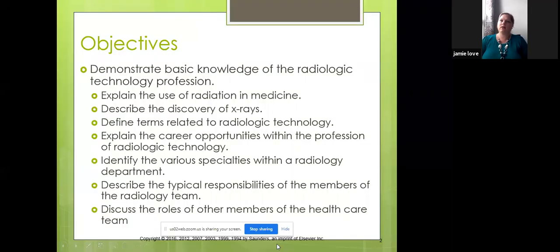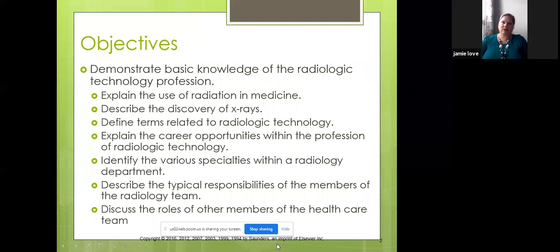So we want to use this as a study guide for your quiz and exam: explaining the use and discovery of x-rays, terms that we would use in radiologic technology, the career opportunities that you're going to have, specialties in the department, some areas you could specialize in, responsibilities of the team, and other healthcare members that we would be interacting with, some of their roles.